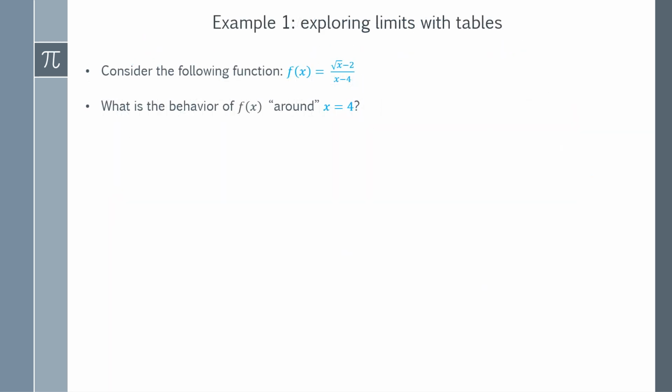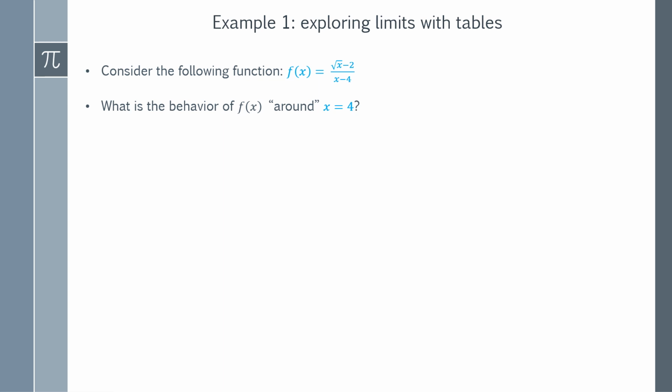Now let's go ahead and take a look at an example where we're further exploring the idea of limits using a table. We're going to work with the function f of x is equal to square root of x minus 2 over x minus 4. And we would like to discuss the behavior of this function around x is equal to 4.